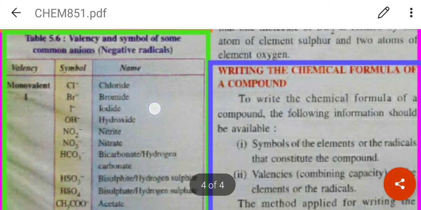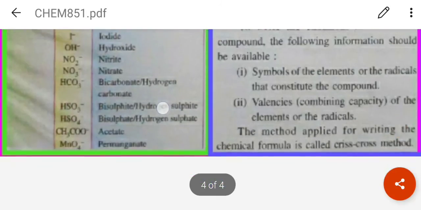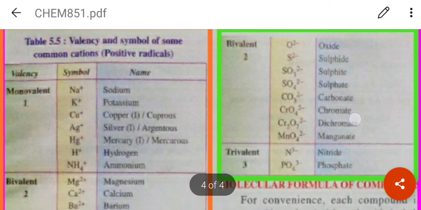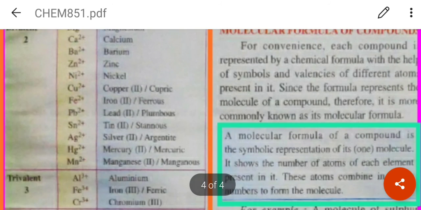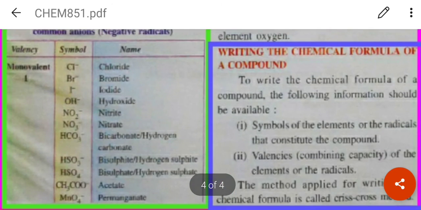You see, if we take the valency of carbonate, okay, so the valency is 2 minus, CO3 2 minus. Now if we take bicarbonate, that is HCO3, then its valency becomes minus 1. So it is also called as bicarbonate or hydrogen carbonate.